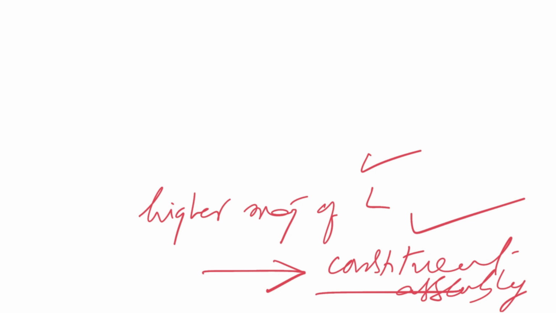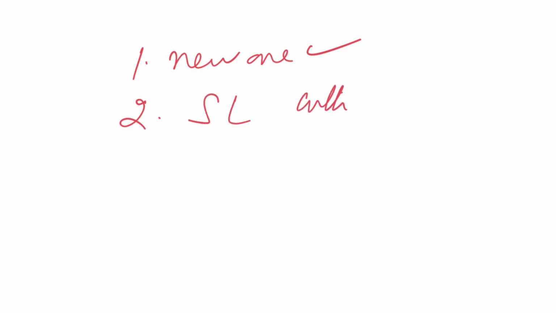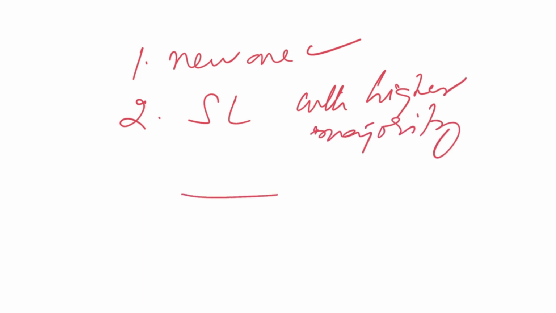So there are many options. Number one, create a new one. Number two, use the state legislature but ask it to approve with a higher majority. Because the constituent assembly was not there. Because the spirit of this 370 is that people should agree for major changes.